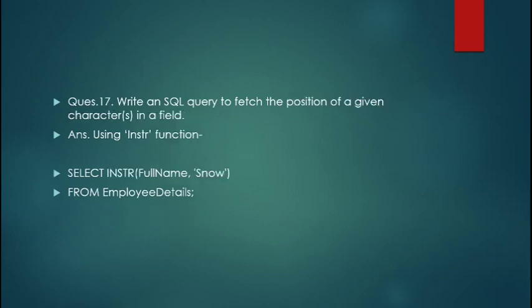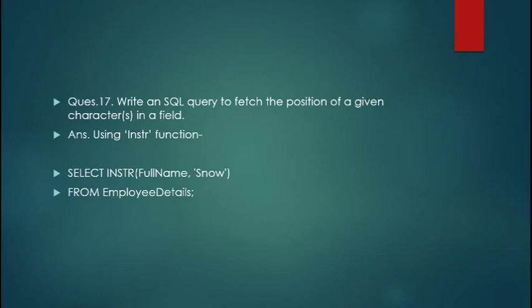Question 17, write an SQL query to fetch the position of given characters in a field. If you want to fetch the position of a particular character in a field, you have to use the instr function. The instr function is basically used to fetch the position of a given character. For example, I want to fetch the word snow from the full name column.